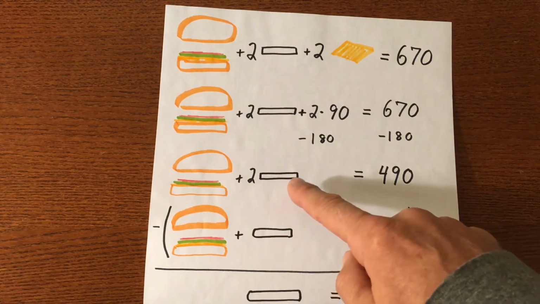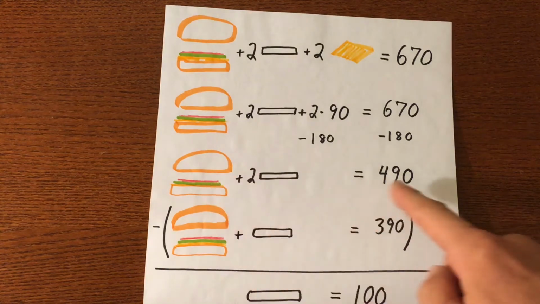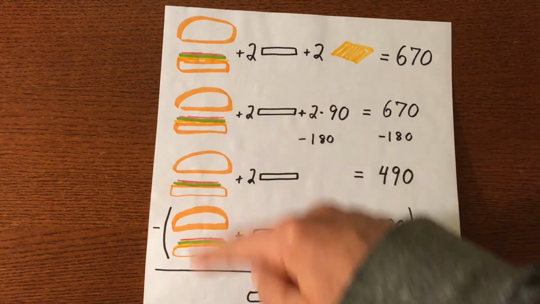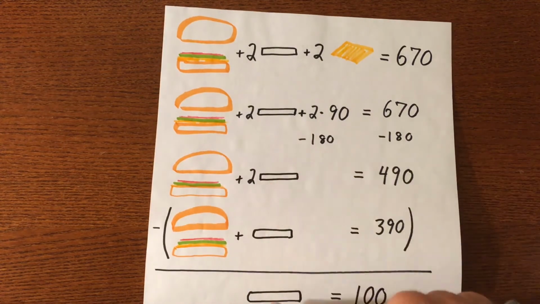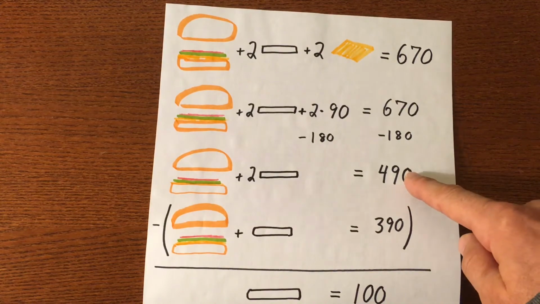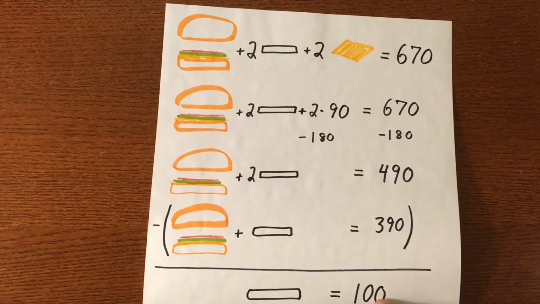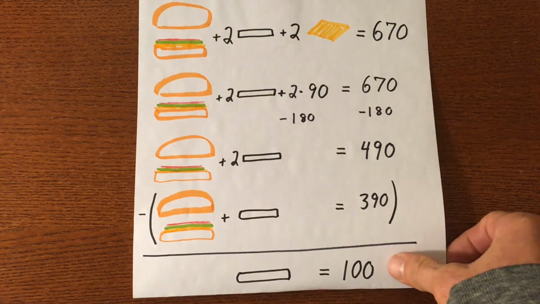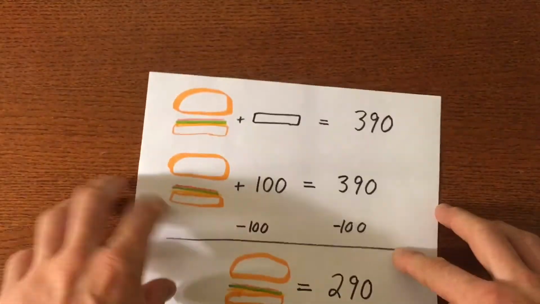So now you get 2 patties and the bun and stuff is 490 calories, and now we subtract the hamburger equation from that. So the bun cancels, one of the patties cancels, and we're left with 1 patty, and 490 minus 390 is 100. So 1 beef patty is 100 calories. So now we're making some progress.